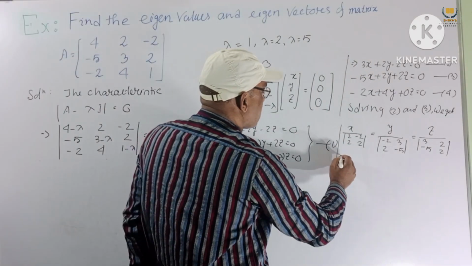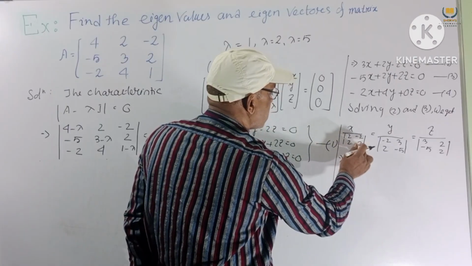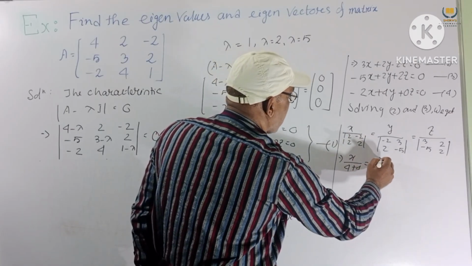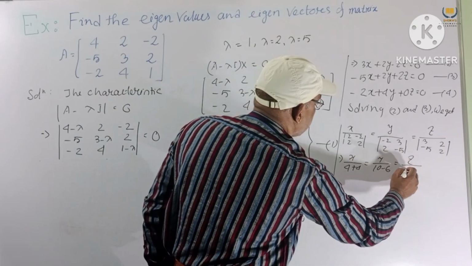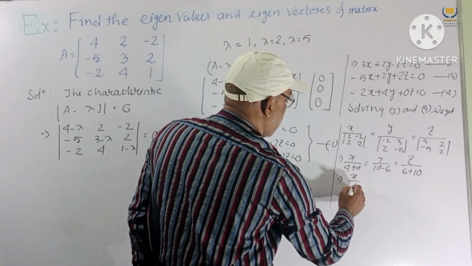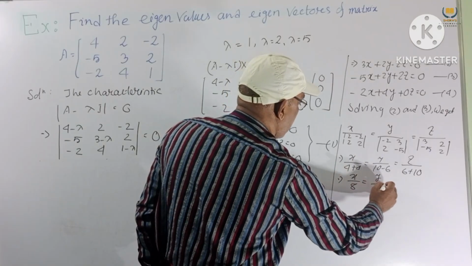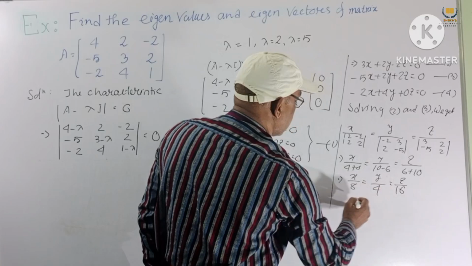So this implies x by, this is 4 plus 4, this into this, y by 10 minus 6, z by 6 plus 10. X by 8, y by 4, z by 16.